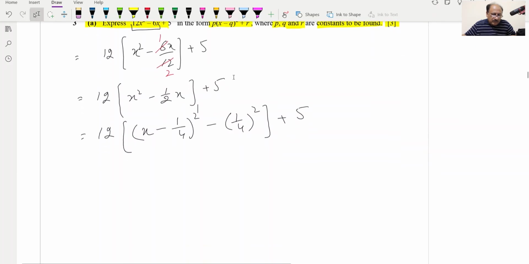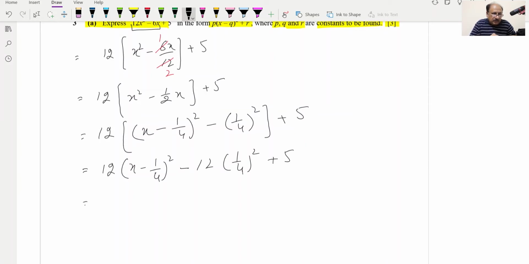Now we can write the next step, 12 as it is. Now we will multiply 12 with this one, and it will be 12 into x minus 1 by 4 squared, and now this 12 will be multiplied by this portion also, so it will be minus 12 into 1 by 4 squared and plus 5. Now we can write the final step as well.